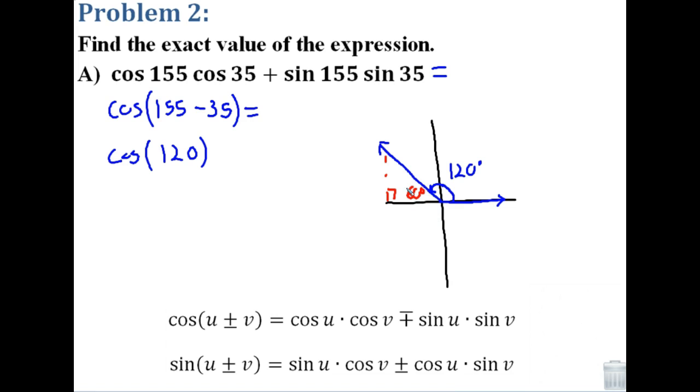So it looks like we're talking about our 30, 60, 90 right triangle with sides of root 3 across from the 60, a 1 across from the 30, and that'll be negative because we're in the negative x direction, and a 2 for the hypotenuse. Based on that triangle, I can evaluate this cosine of 120. Cosine is just adjacent over hypotenuse. Adjacent is negative 1, hypotenuse is 2.